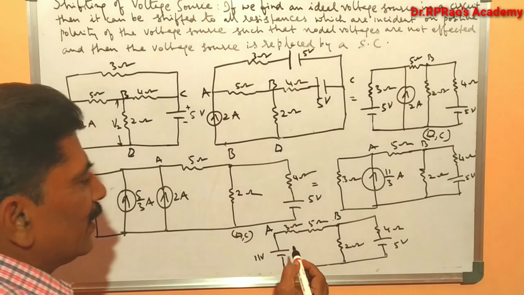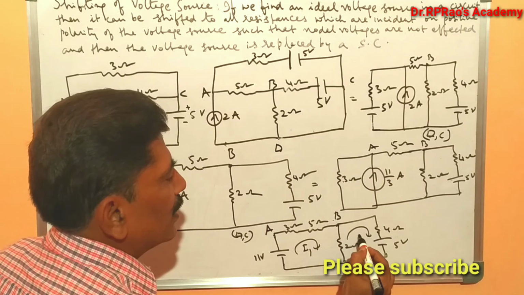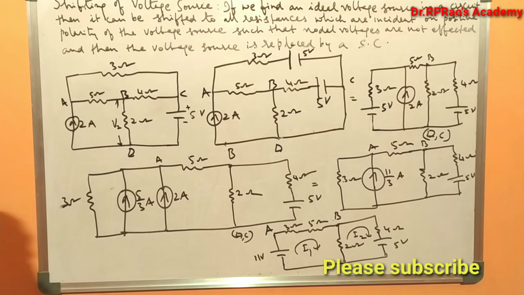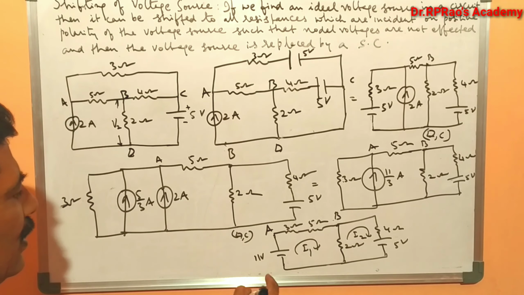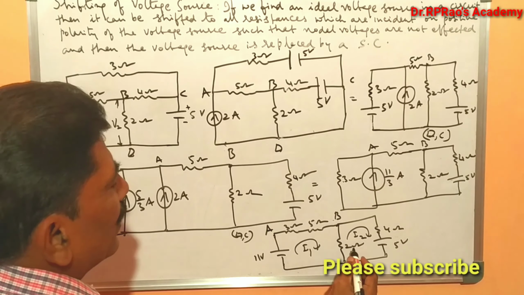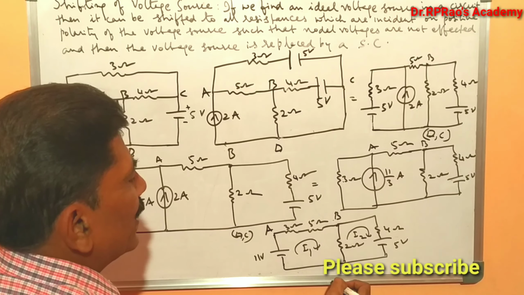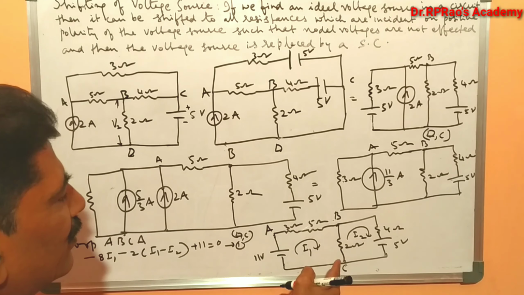Now by applying KVL to this loop and KVL to this loop, we get two equations. To solve those two equations, we will get the current through these two. I will write those two equations now. We start from A, B. Let this be C. Let us consider loop A, B, C, A. Loop equation.